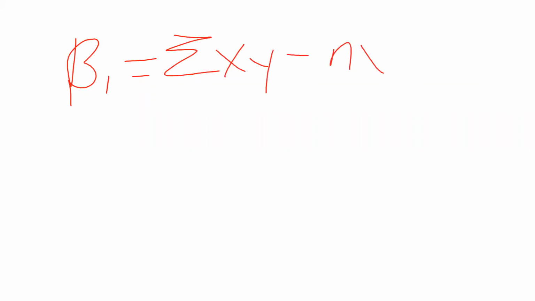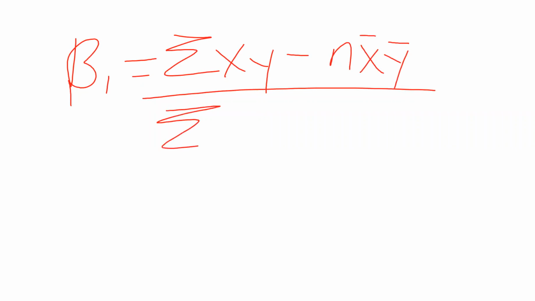So we have to learn how to derive the OLS estimators. We know that beta 1 is equal to the summation of xy minus n x bar y bar, all over the summation of x squared minus n x bar squared, right?